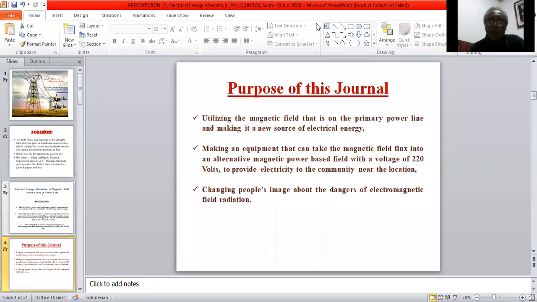The third, changing people's image about the danger of electromagnetic field radiation.